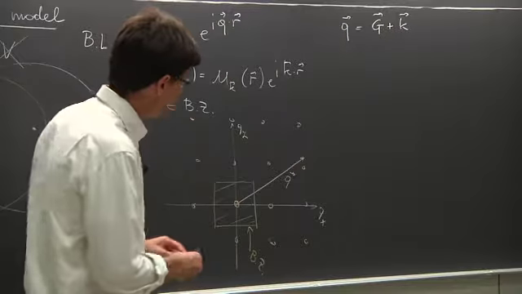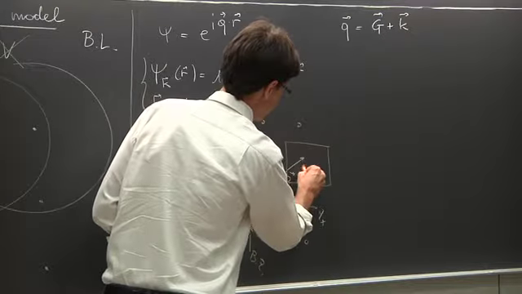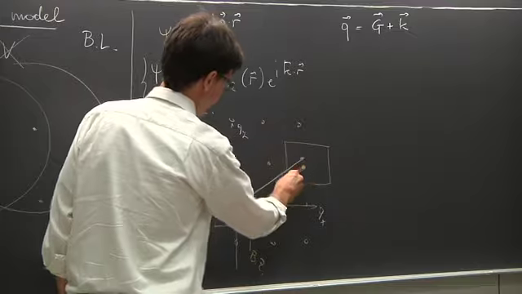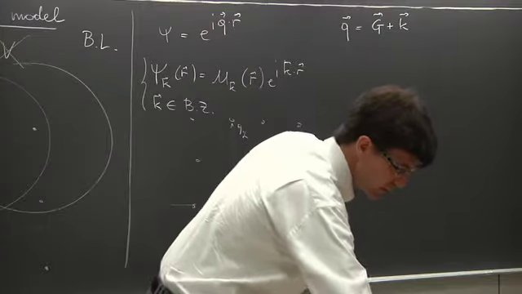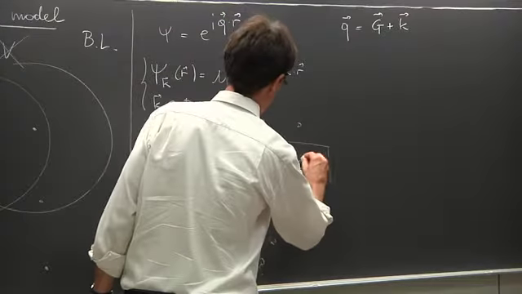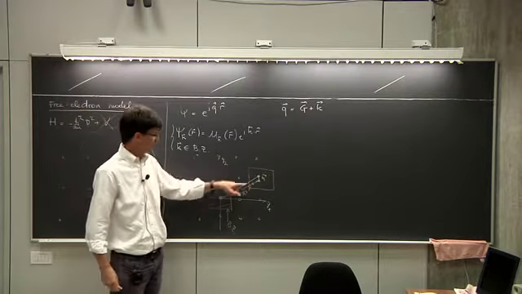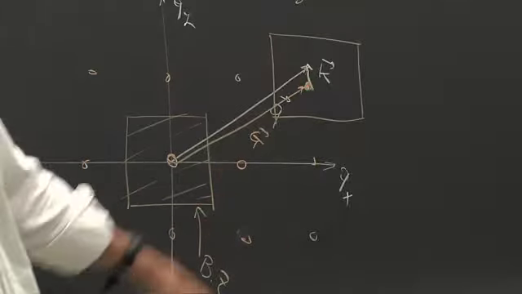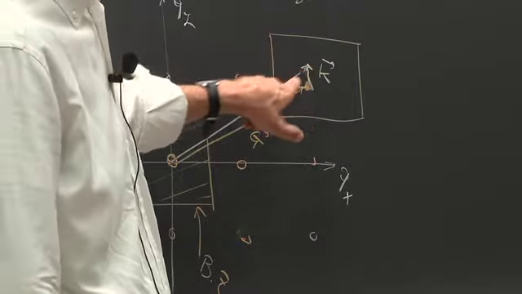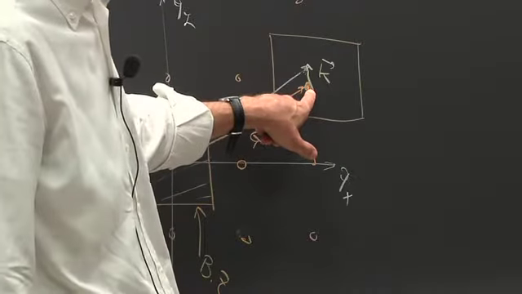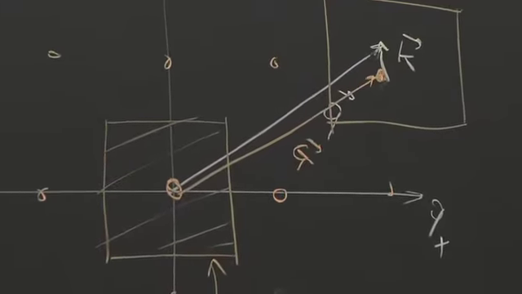In this particular case, if I translate my Brillouin zone by this particular G vector, I can certainly write Q as a linear combination of this G plus this K. I just need to find the closest G vector to Q. I move first there with the reciprocal lattice vector, and then from this reciprocal lattice vector I move within the Brillouin zone by an amount K.